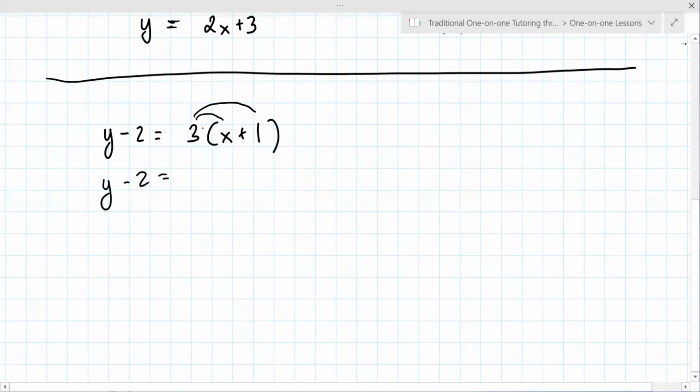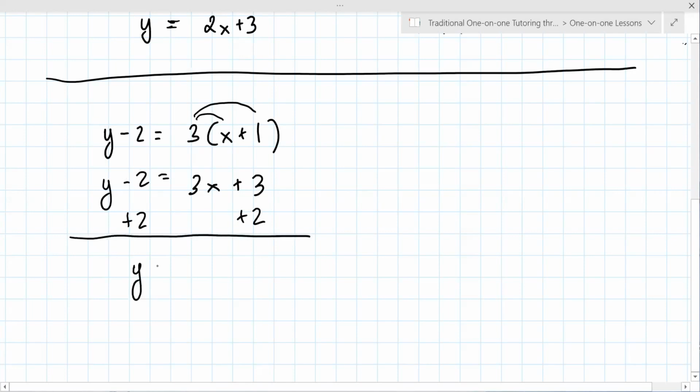What does that become when you take 3 and multiply it by x? 3x. Okay, plus 3 times 1? 3. Very good. Now you add 2 to both sides because it's minus 2. So y equals 3x plus 5. Do you follow that? Yeah.